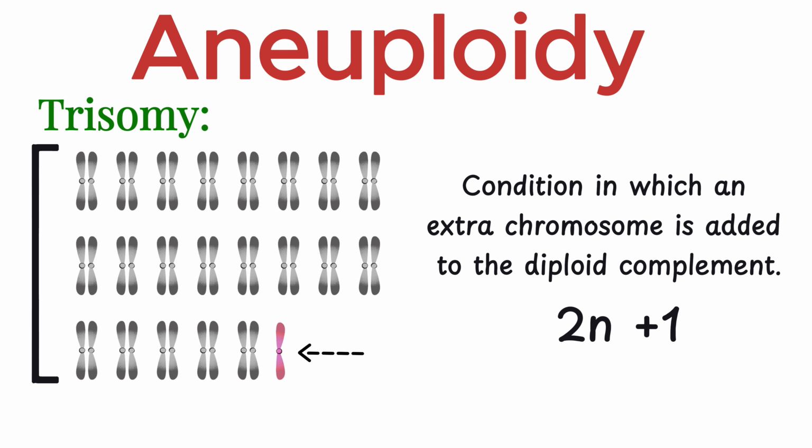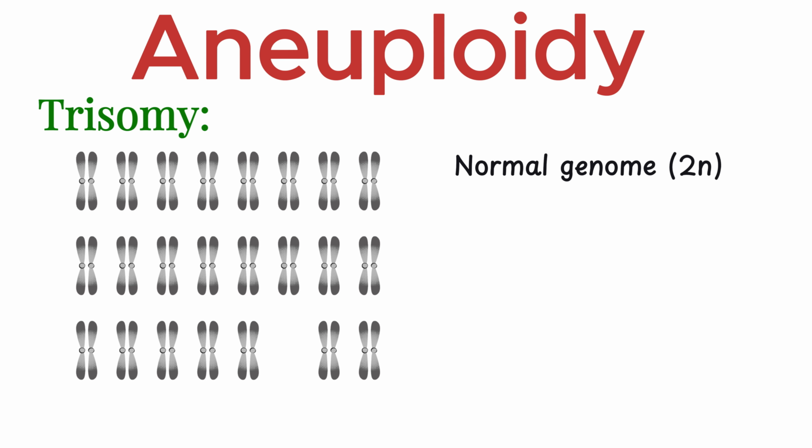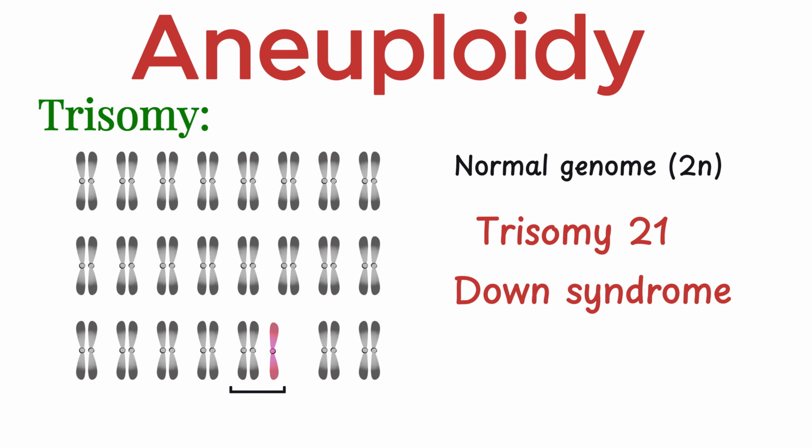For example, in humans, a normal genome is represented as 2n, 2 complete sets of chromosomes. If an extra chromosome is added to chromosome 21, the condition is called trisomy 21, commonly known as Down syndrome. In this case, there are 3 copies of chromosome 21 instead of the normal 2.